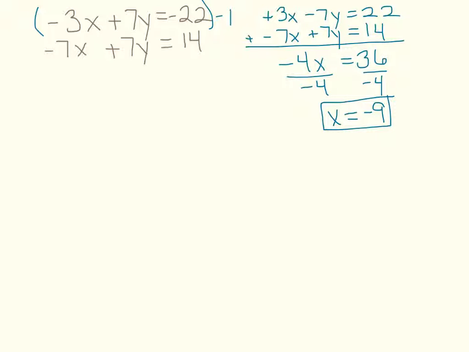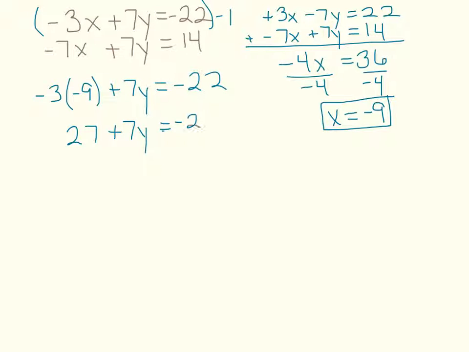Now we have x. Plug it into either one of our original equations to find y. I'm going to use the top one again. So negative 3 will change x to negative 9, plus 7y equals negative 22. Negative 3 times negative 9 would be positive 27 plus 7y equals negative 22.